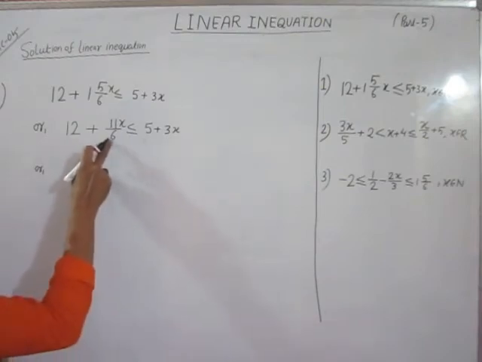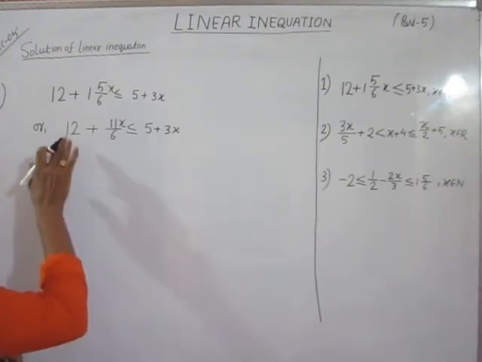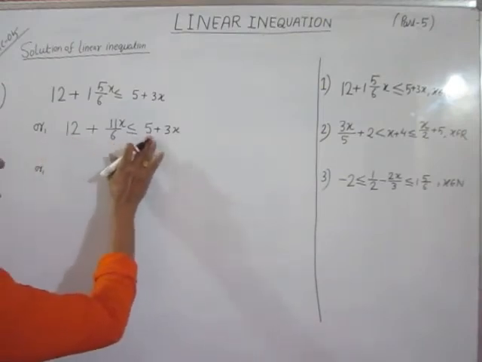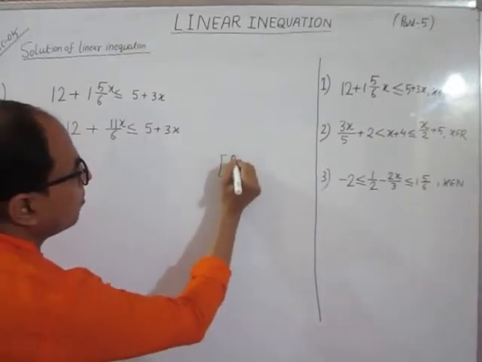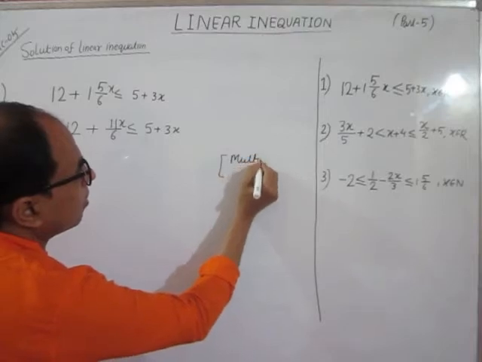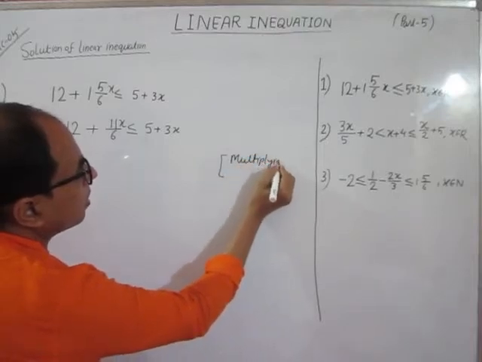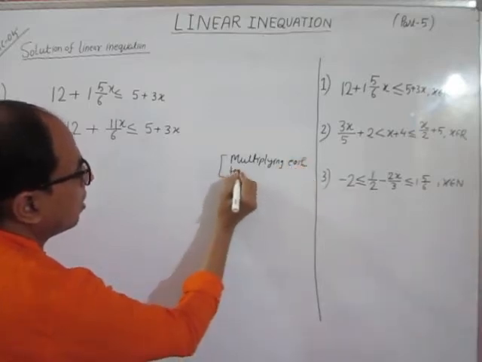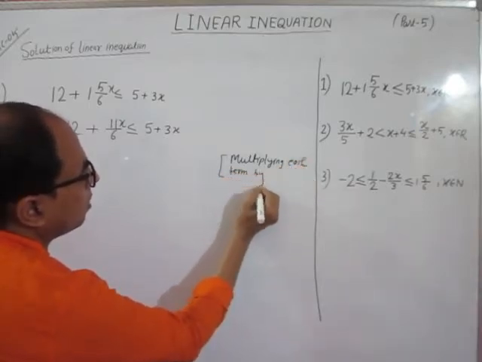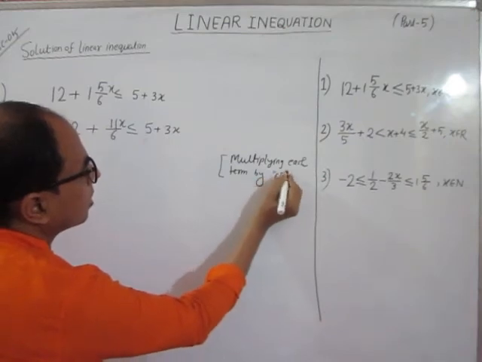So to remove this fraction, multiply each term of this inequation by plus 6.